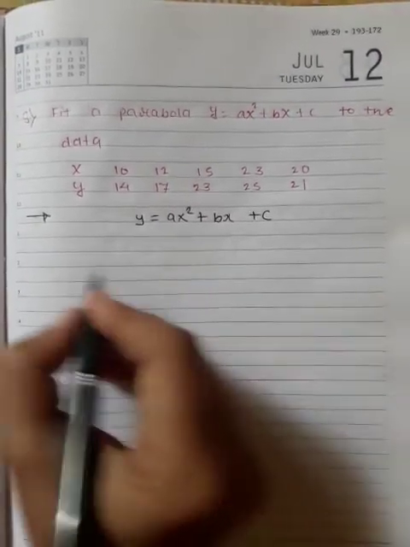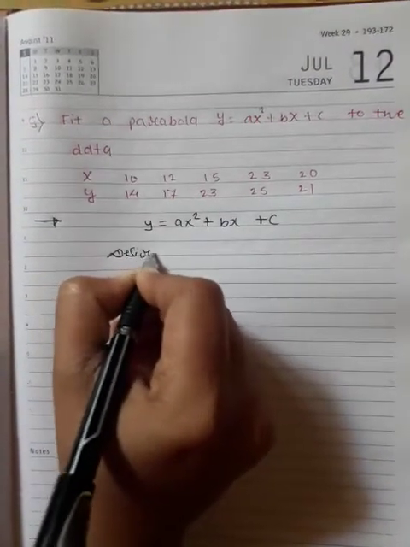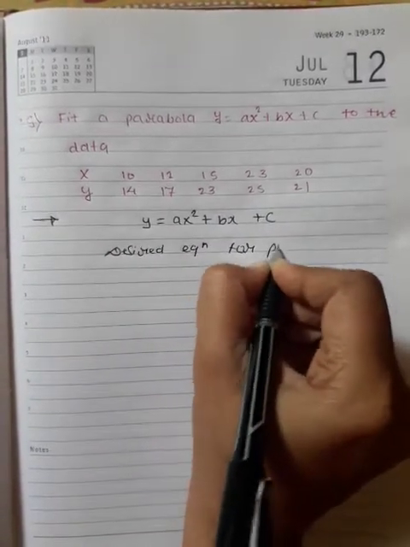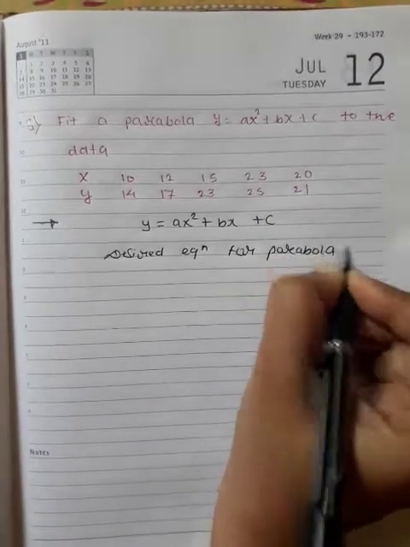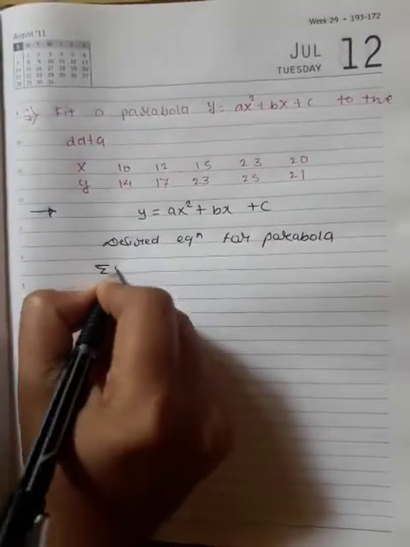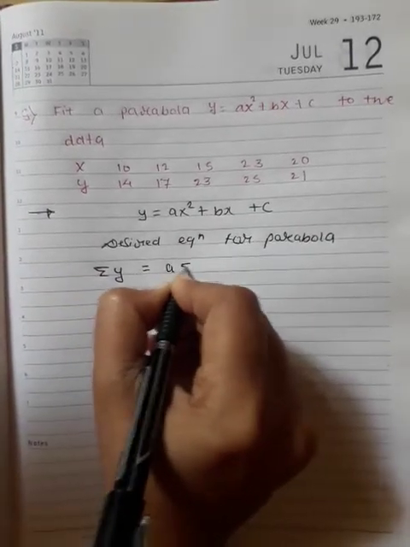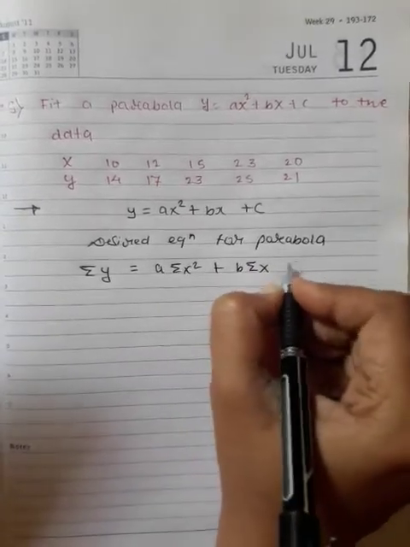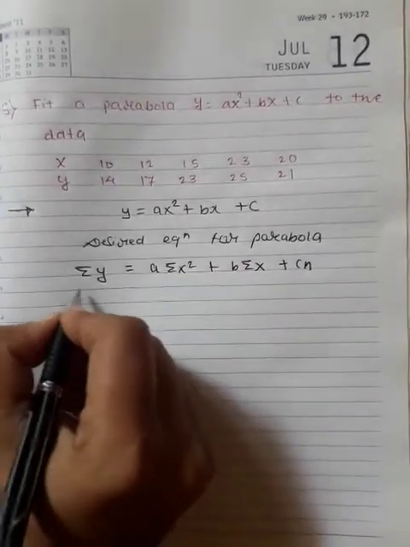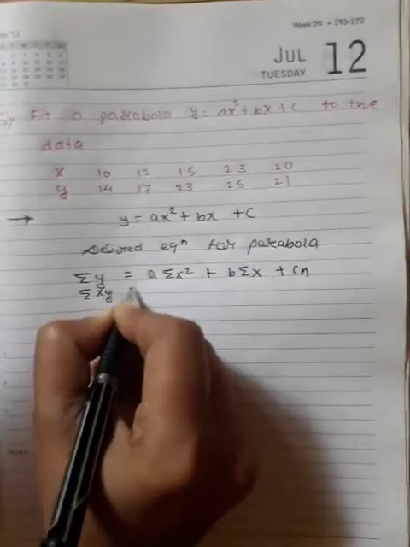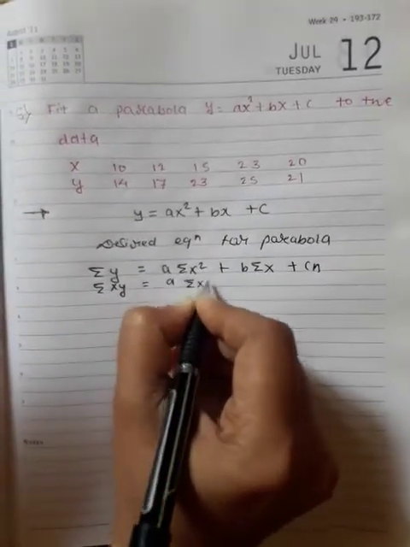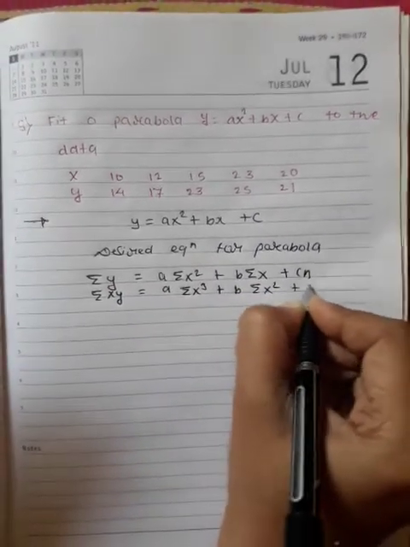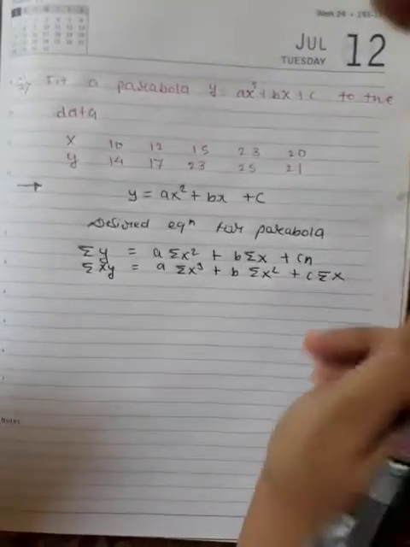So I will write the desired simultaneous equations for a parabola. Summation y is equal to a summation x square plus b summation x plus cn. Then the second equation is summation xy is equal to a summation x cube plus b summation x square plus c summation x.